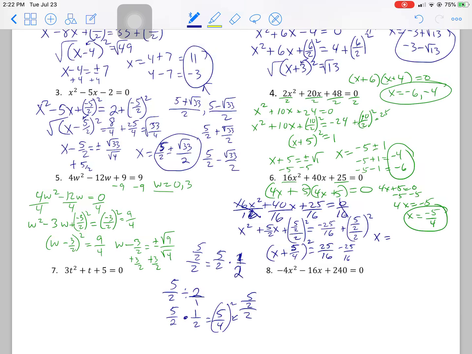All right, so this is going to be moved, square root both sides, move it to the other side. So this is going to be a negative 5/4. And there was a 0. Wait, this is a 0, not a 1.